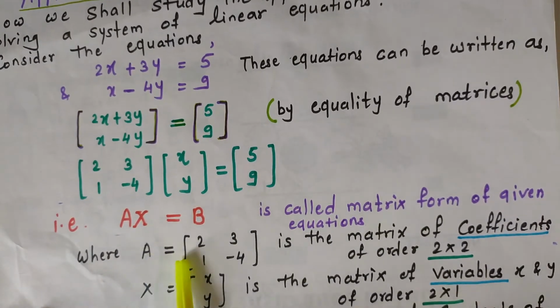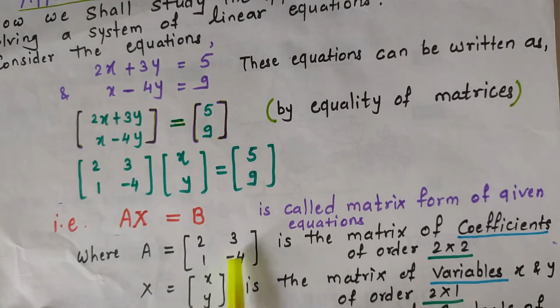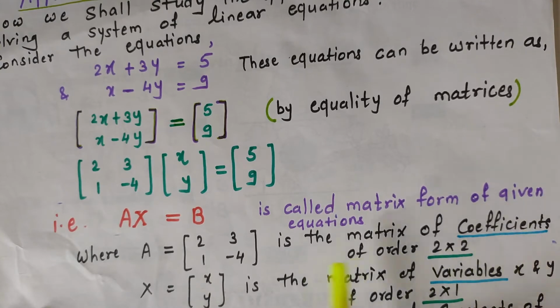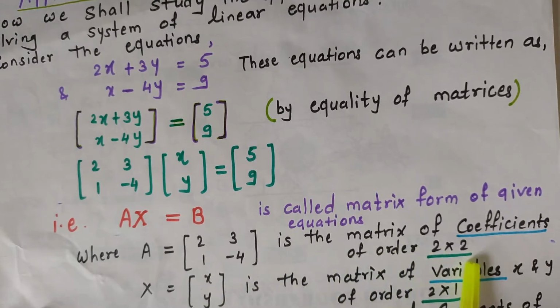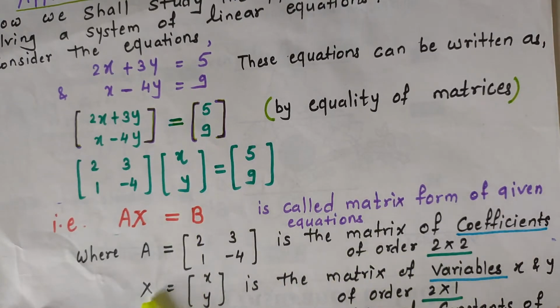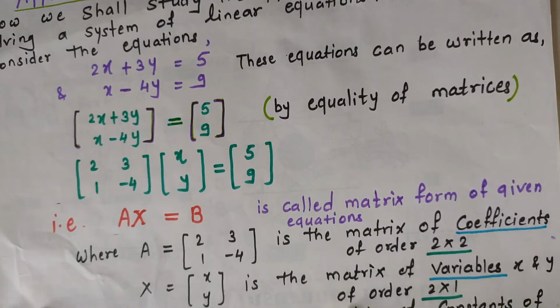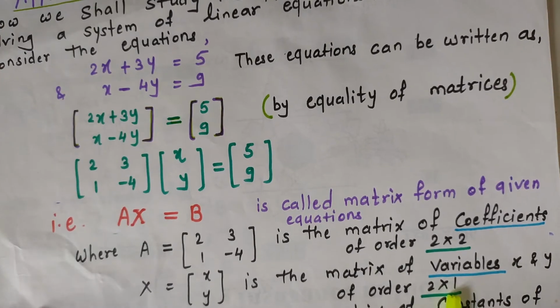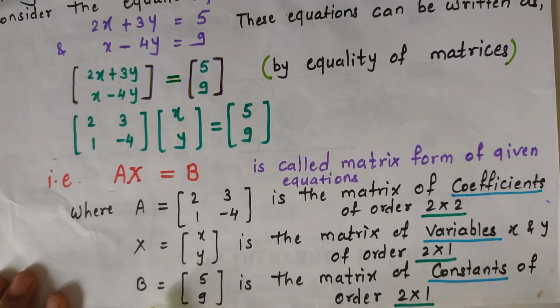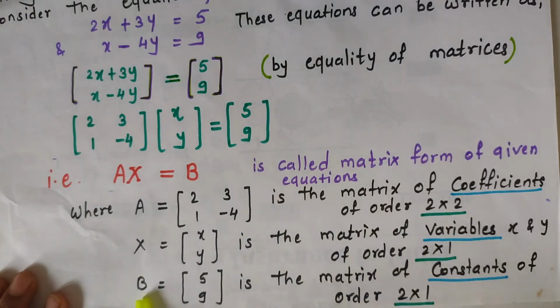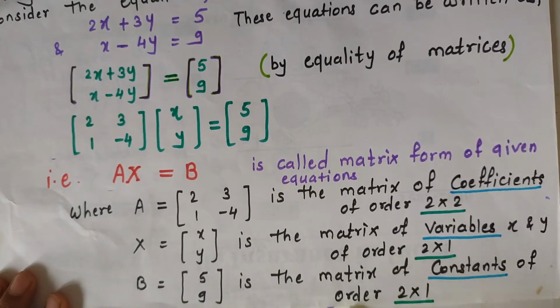Now here A is the matrix of coefficients of order 2 by 2, the second matrix X is the matrix of variables x and y of order 2 by 1, and the third matrix B is the matrix of constants of order 2 by 1.